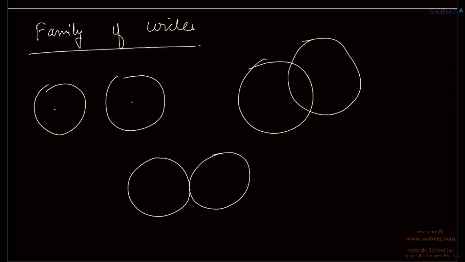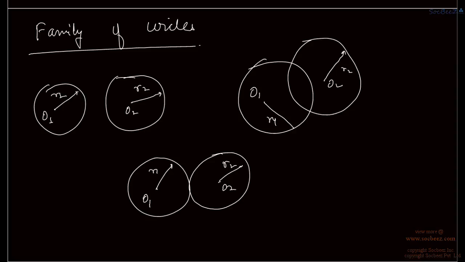So how can these three conditions be justified? Say this has radius r1 and this has radius r2, and the centers are O1 and O2. So let us join the points O1, O2.